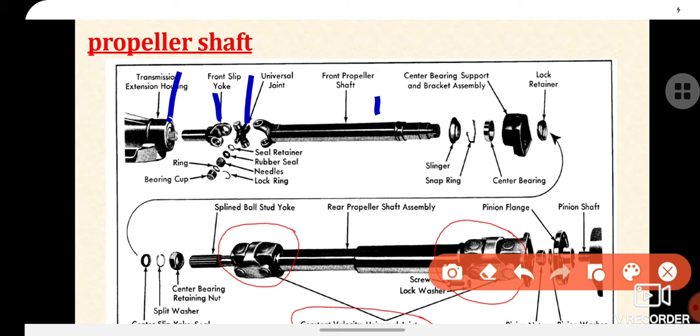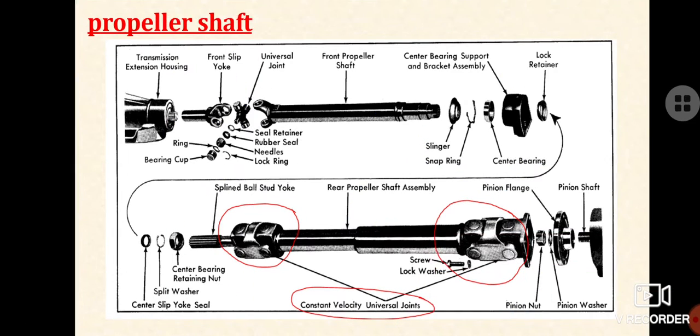This is the drive shaft or front propeller shaft. Here is the center bearing support and bracket assembly. Then in between various parts are mentioned to connect. So this is the actual picture representing the propeller shaft.